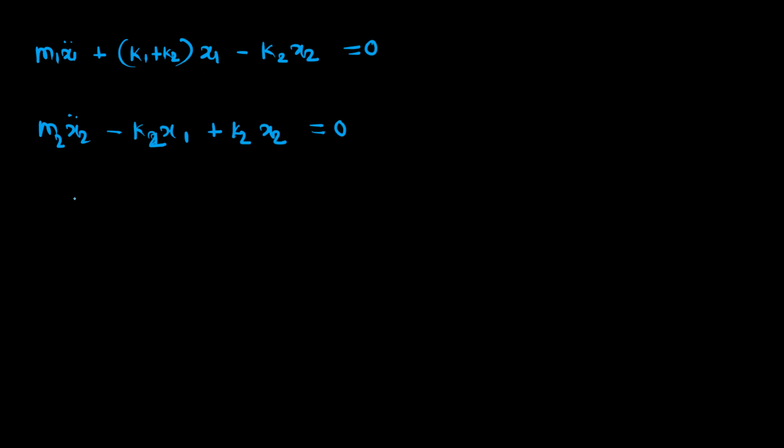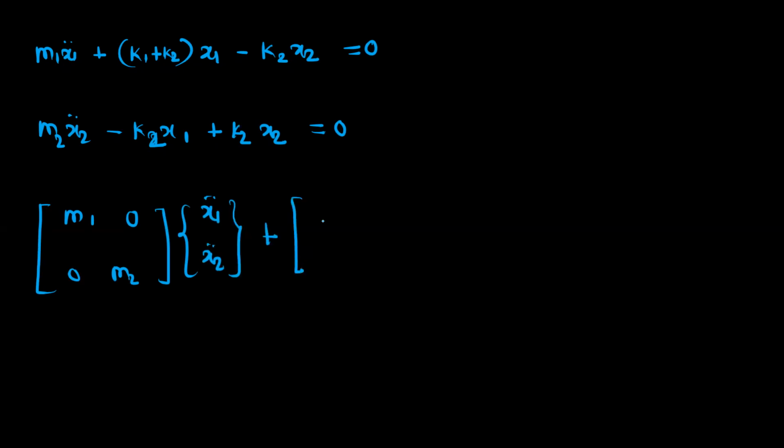Okay. So we can write this in matrix form. This is m1, m2 times x1 double dot and x2 double dot, plus: from the first equation we have k1 plus k2, which is the coefficient of x1, and for x2 it is minus k2.